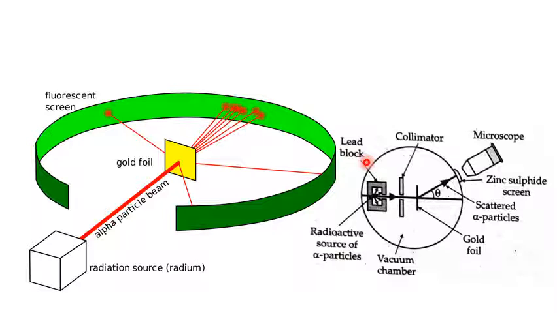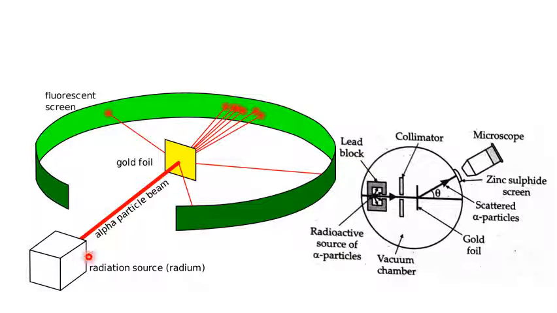So let us understand the construction of the alpha particle scattering experiment, or the experimental arrangement. In this case, there is a radioactive source.